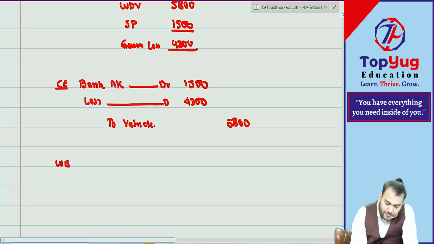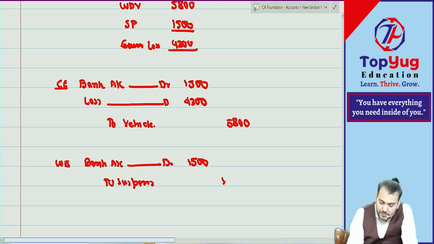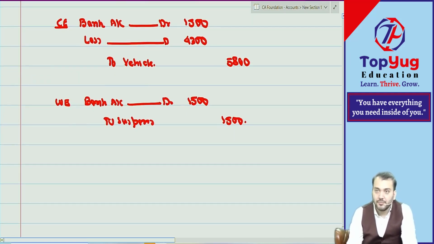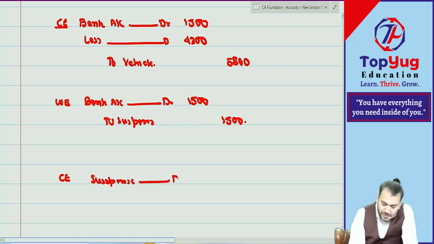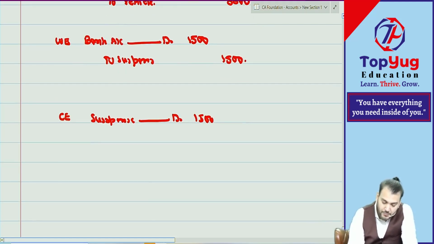What is the wrong entry? They have recorded only the bank account, nothing apart from this. So which account does the other side go to? Suspense account. Now what is the correct entry? Suspense account will be debited by how much? 1,500.